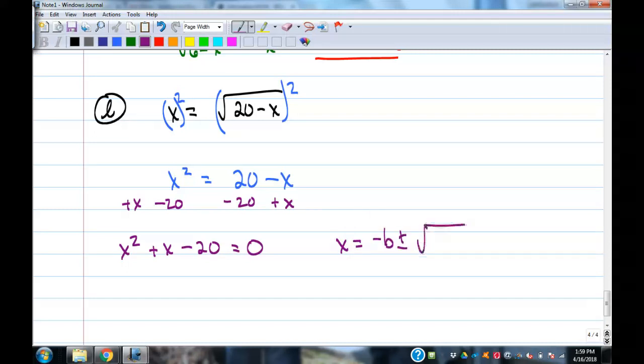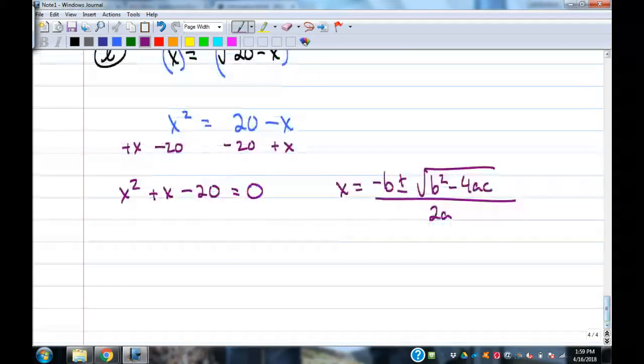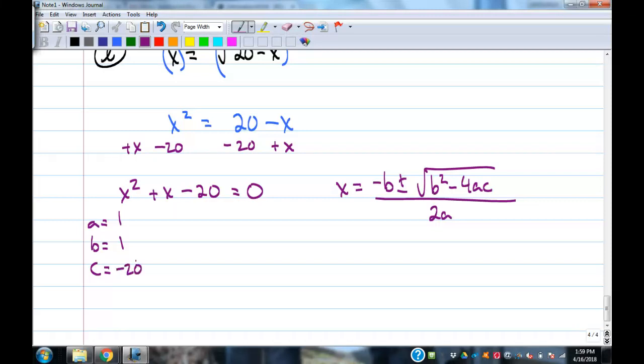Remember the quadratic formula? Negative b plus or minus radical b squared minus 4ac divided by 2a. Then I list a, b, and c. A is 1, b is 1, c is negative 20. I'm going to find the discriminant first, the b squared minus 4ac.